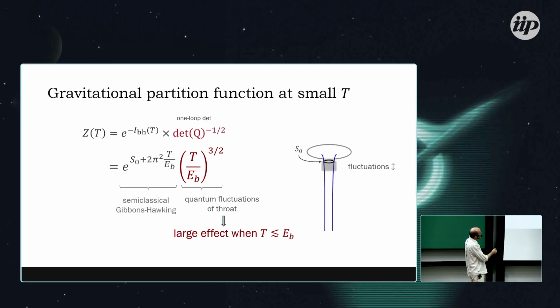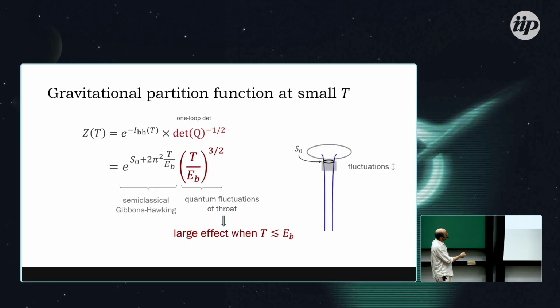Then what you find is that, in the partition function at finite temperature, you have the semiclassical Gibbons-Hawking result times the determinant of the fluctuation operator to the -1/2. This is a quantity that, for the Schwarzian theory, can be computed. There may be other modes, but they are going to be subdominant in their dependence on temperature. So the leading temperature dependence is controlled by this object.